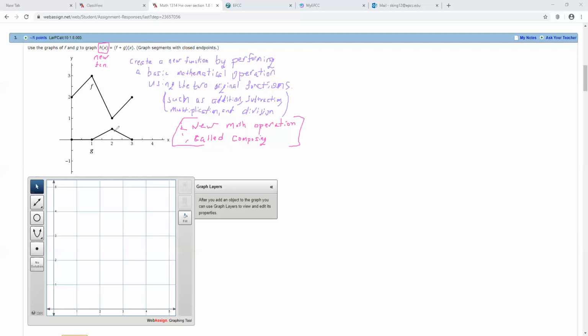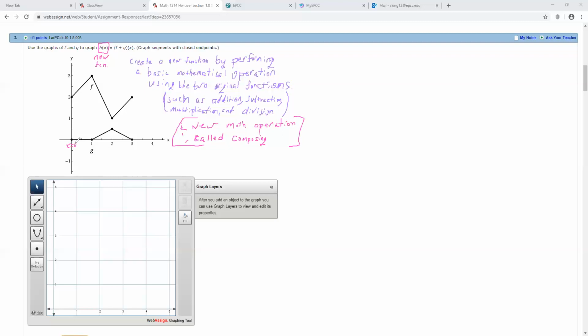And all we have to do is we could pick any points on this, but it just makes more sense to pick the ones that are highlighted. These are more of the important points. This is the starting point for f, and this of course is right at x equals 0.